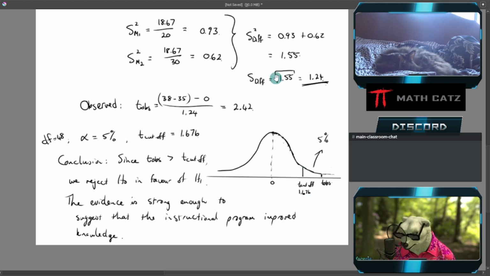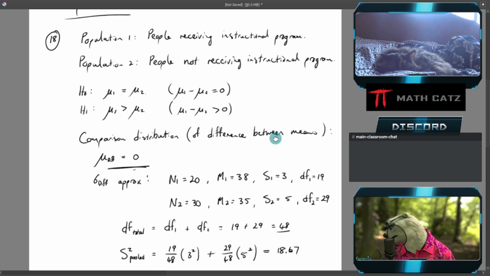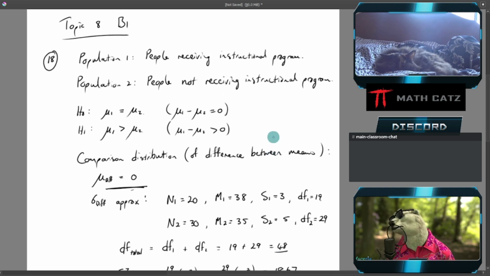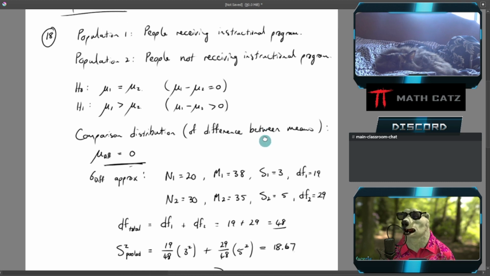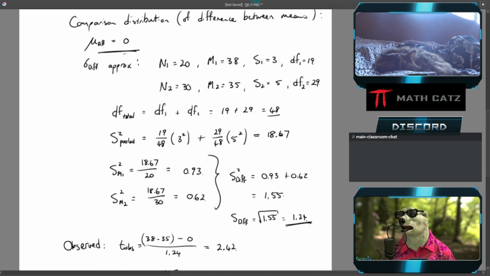And there we go. So focus on the similarities, focus on what's different, and then there's not that much that's actually new. Of course, it's very important to identify which t-test, which situation am I in. Independent means the issue is in correctly estimating the standard deviation for the distribution of the difference between two means.